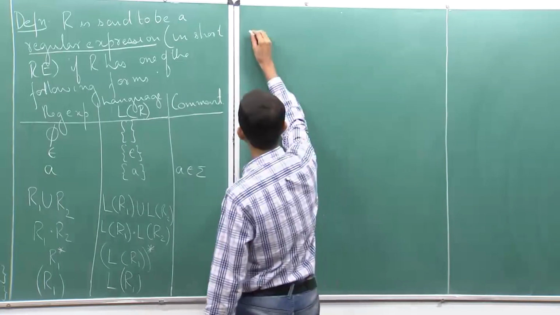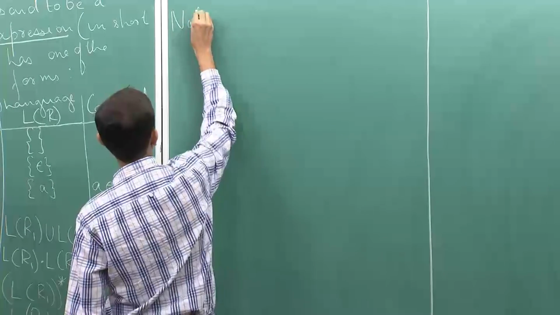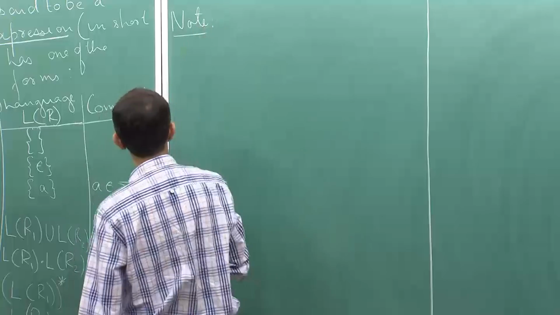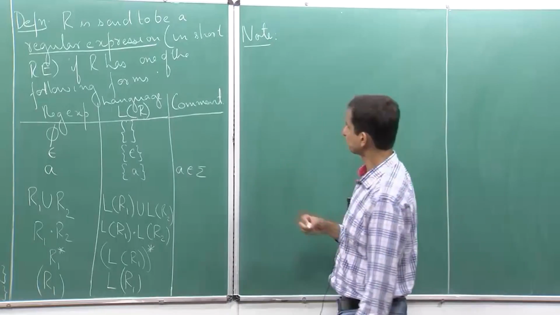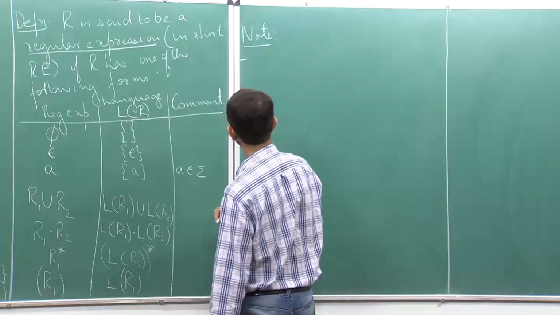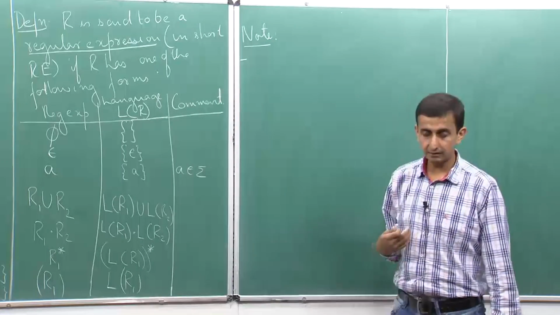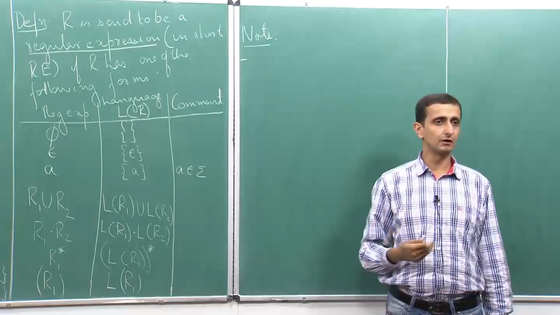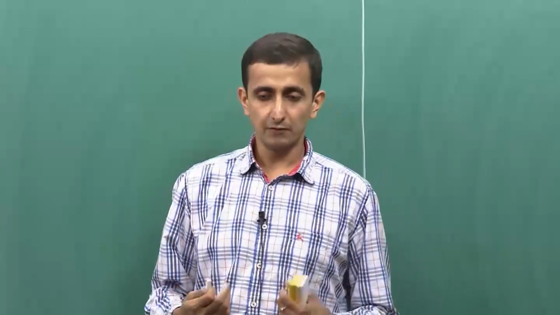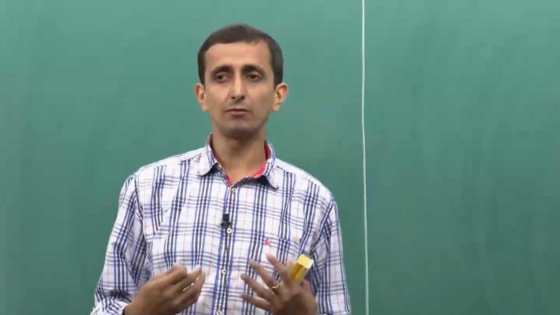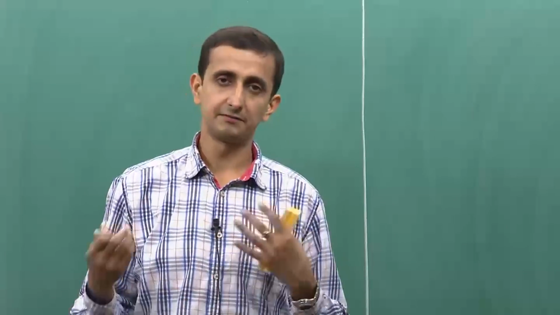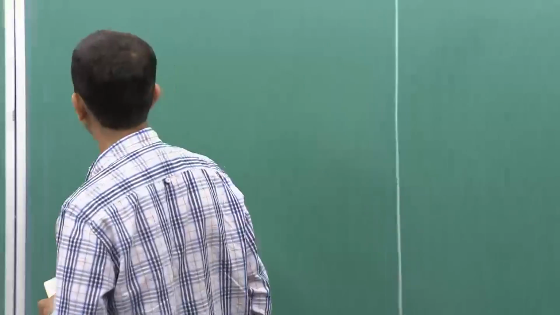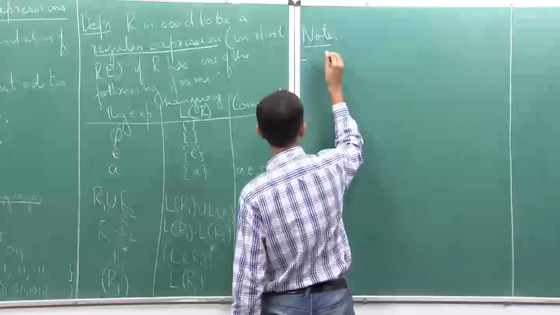Now let us look at some properties and conventions of regular expressions that we often use. The first one is similar to what we said in the context of automata: when we are given an automaton, there is a unique language that corresponds to that automaton, whether it is a deterministic or a non-deterministic automaton. The same thing is true for regular expressions as well.